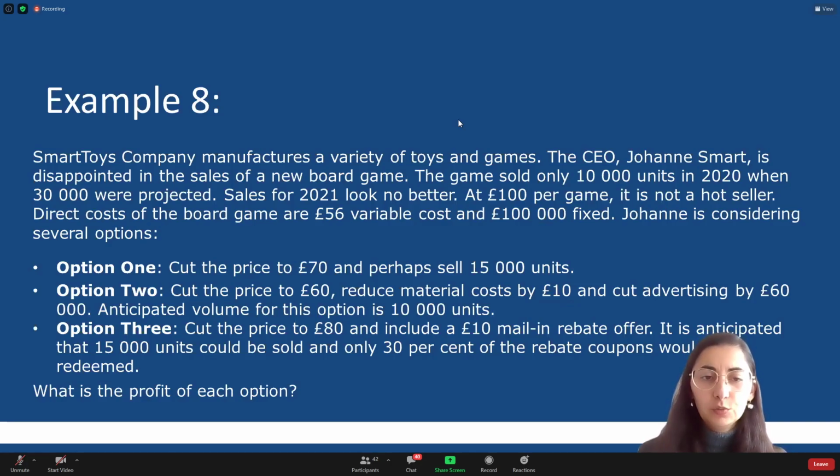And this would give a volume of 10,000 units. And option 3 would be to cut the price to 80, include a £10 mail-in rebate offer, and it is anticipated that this could sell 15,000 units, and only 30% of the rebate coupons would be redeemed. So what would be the profit for each option?